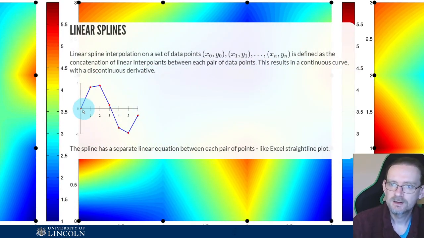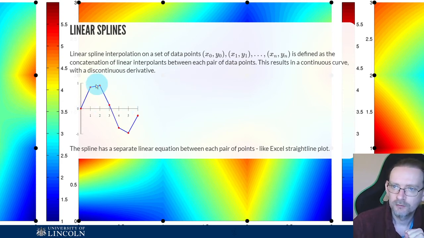So here's a linear spline. So we've got these points. So there's a linear first order polynomial between these 2 points, then it's a different polynomial between these 2 points, and these ones, these ones, these ones. So as you can see, it provides a reasonable approximation to the curve everywhere for some sort of sine function, but it has got the disadvantage that it's got this discontinuous derivative.